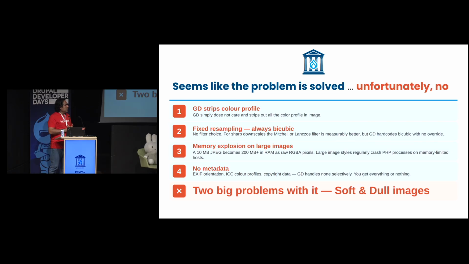And second is the resampling method. PHP GD always uses the bicubic resampling method, and we use resampling whenever we use image styles, which we often use in Drupal. Because of these two things, we always get soft and dull images.